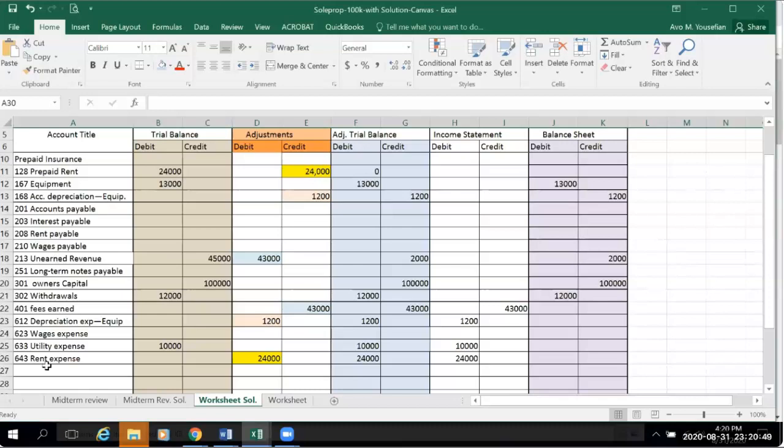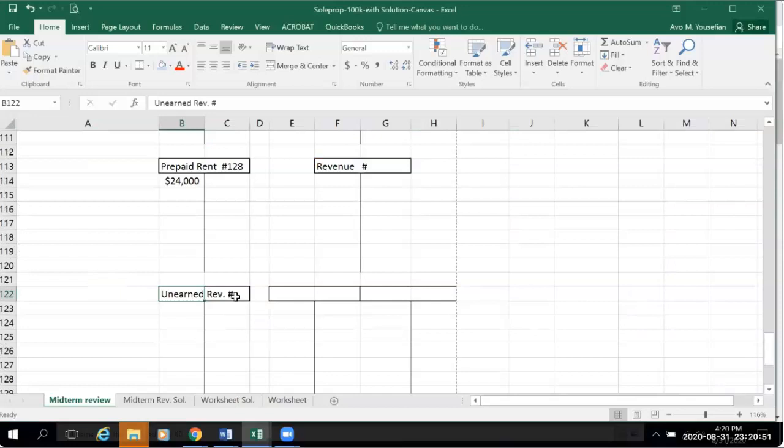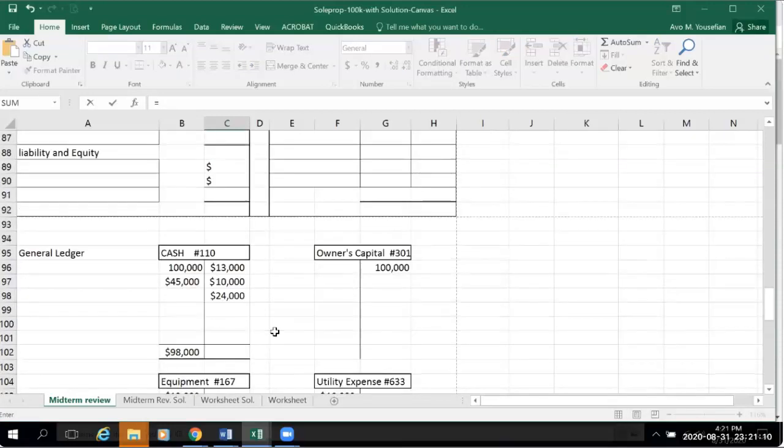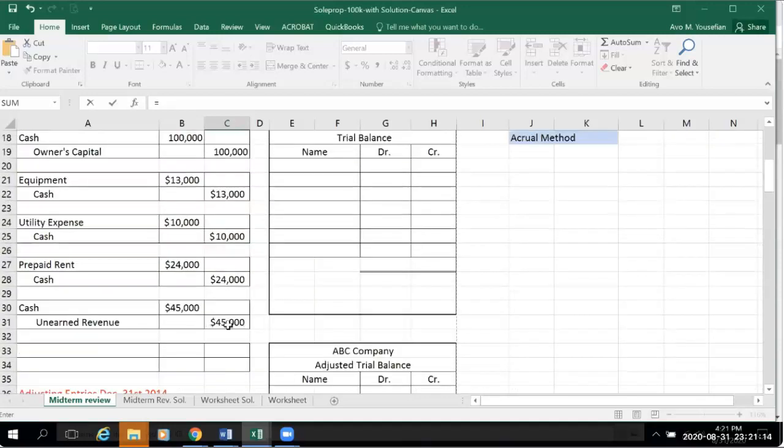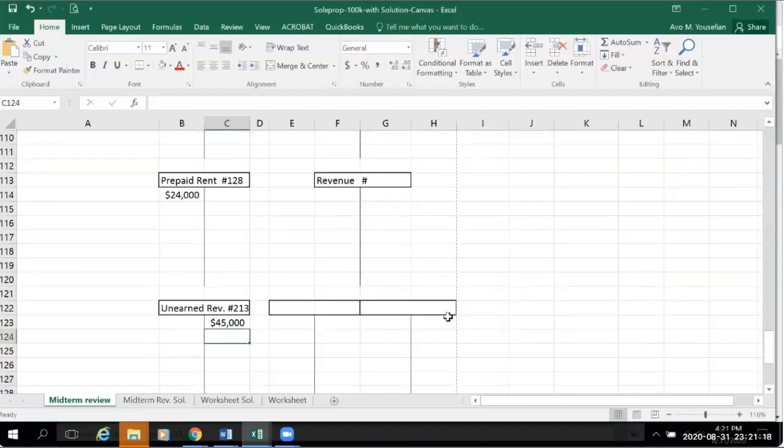Okay, let's go. 213, 213. Enter. Okay, unearned revenue is a liability. The normal balance for any liability is credit. Liability, credit, liability, credit. Go to the credit side. You see equals to, and as you see, here should be credit too. There you go, it's credit. Enter. Done.